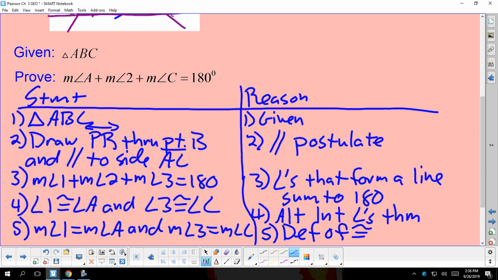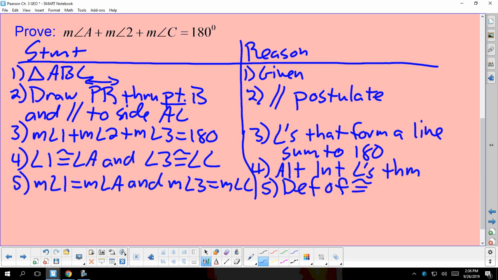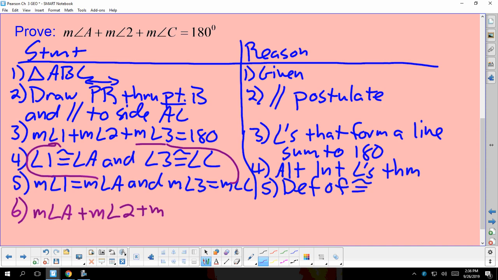All right, and we are almost there. Now what I can do is take this measure of angle 1 and substitute the measure of angle A, and take this measure of angle 3 here and substitute the measure of angle C. So I end up with what I was attempting to prove, the measure of angle A plus the measure of angle 2 plus the measure of angle C, all equal 180 degrees.